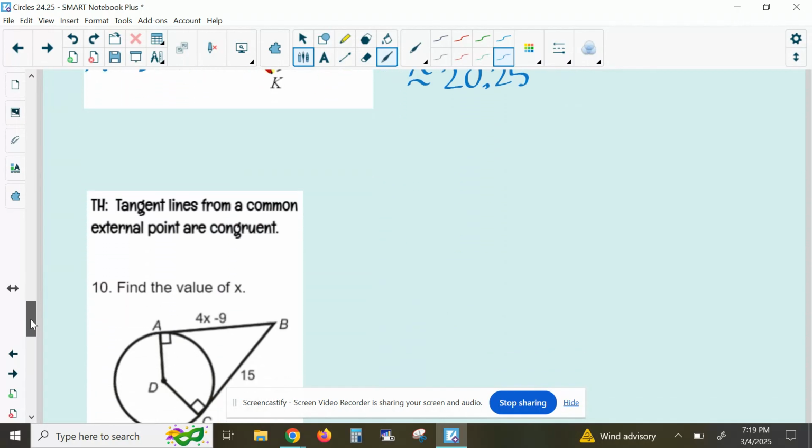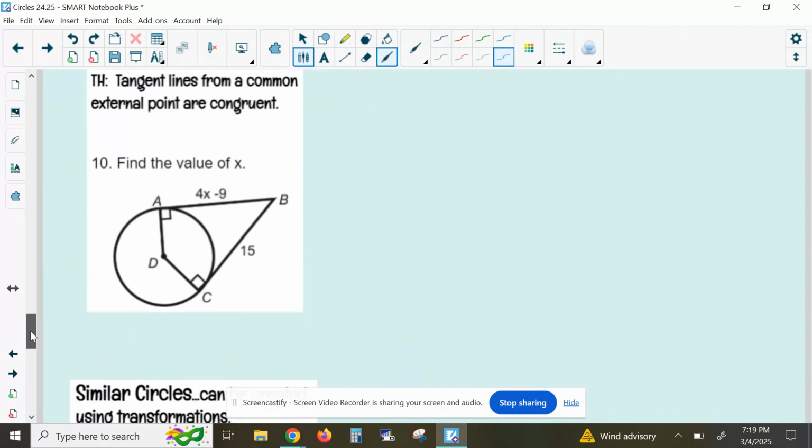Let's look at the next one. The next theorem we have is that tangent lines from a common external point are congruent. A common external point means I have some point out here in the sky, and I have two tangent lines that come and touch the circle. So I have this tangent line and this tangent line right here.